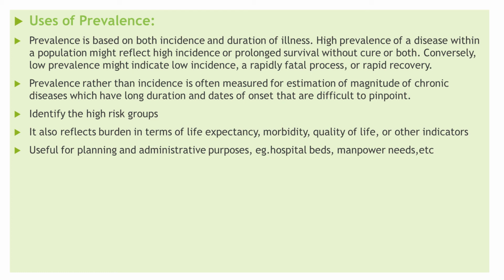Prevalence rather than incidence is often measured for estimation of magnitude of chronic diseases which have long duration and dates of onset that are difficult to pinpoint. It is also useful for identifying the high-risk groups. It also reflects the burden in terms of life expectancy, morbidity, quality of life, and many other indicators. And it is also found to be useful for planning and administrative purposes like hospital beds and manpower needs, that is, inpatient analysis.